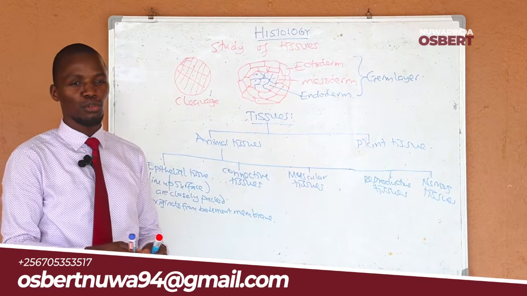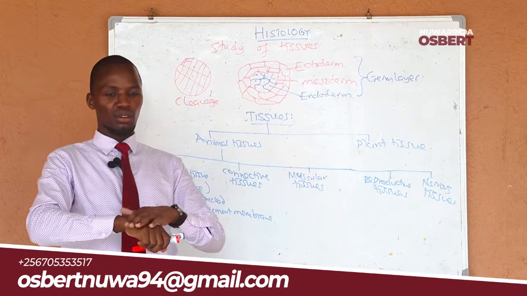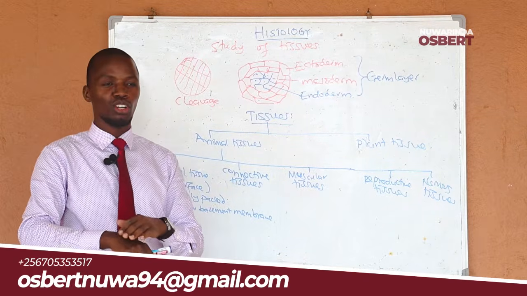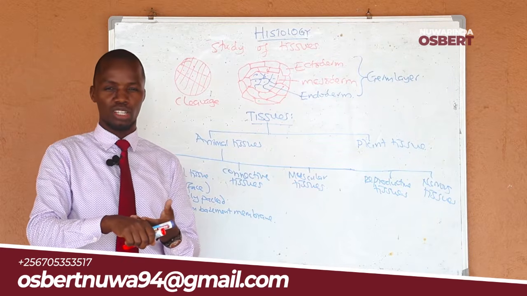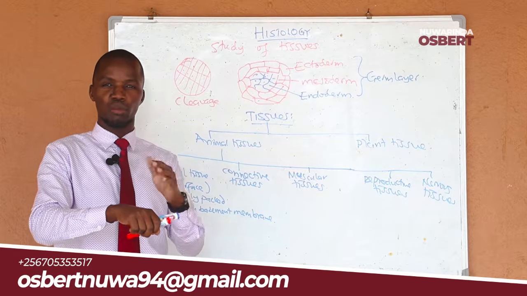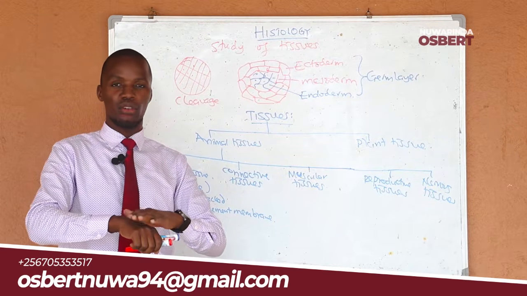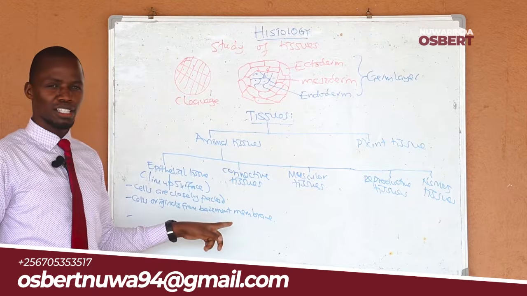For example, if I take the example of skin, the cells which are outside keep on wearing off. As they wear off, we need to have a layer down there which keeps on giving rise to new cells, so that they can come to replace the cells which are wearing off. That area where the other cells are coming from, we call a basement membrane.